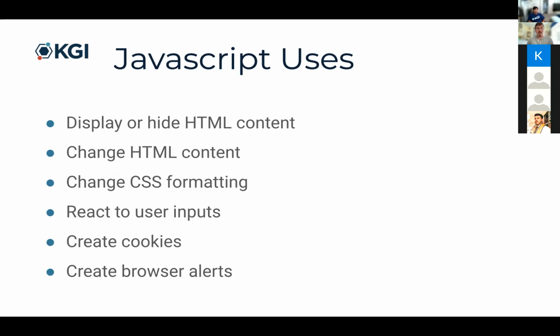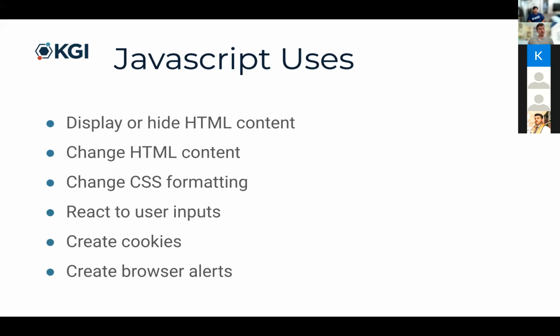You can also use it to change HTML content. Let's say that you want to highlight a word, maybe in red. So change the color from black to red. If they click it, that's something you could do with JavaScript. If you want to emphasize something, maybe make an image spin or flip to whatever the next image is that you want to show, you can do that through JavaScript.